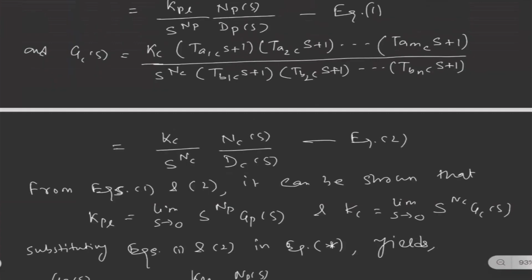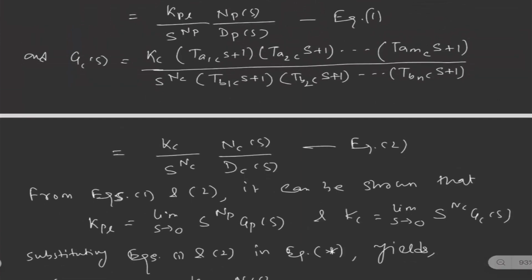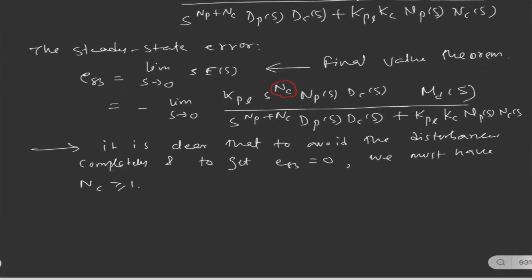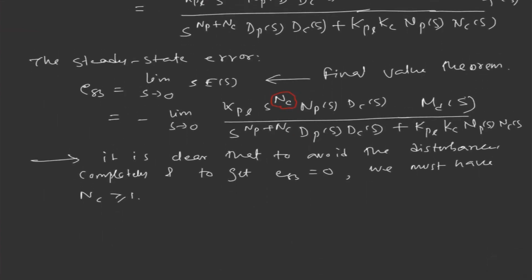So what is N_C? N_C actually is the number of open loop poles in the controller. That's why, to completely reject the disturbance effect on the steady state error, we should have an integrator in the controller. So let me write.